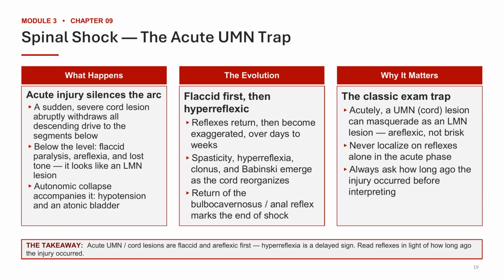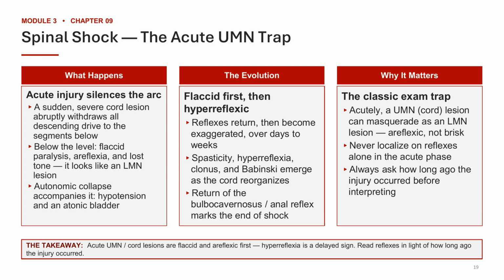This slide exists to keep you from making a serious mistake in an acute setting. Everything we have said predicts that a cord lesion produces hyperreflexia below it. Acutely, that is wrong. Here is what happens. A sudden, severe cord lesion abruptly withdraws all descending drive to the segments below.